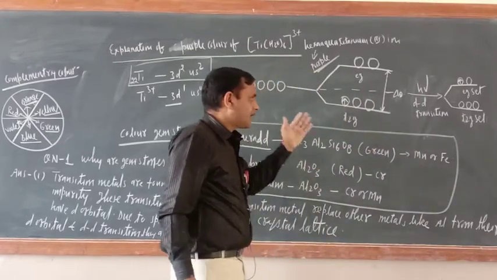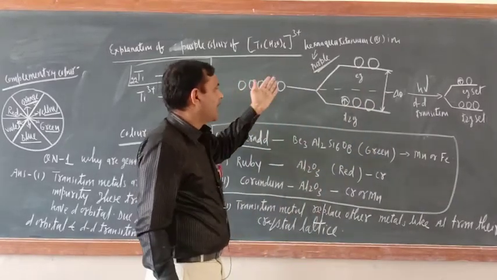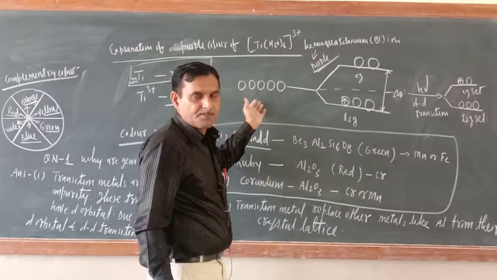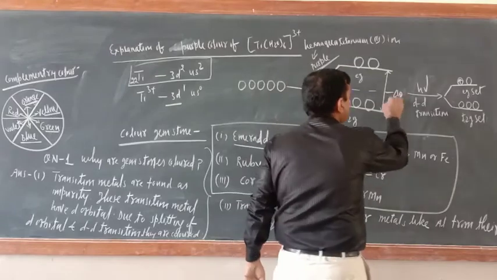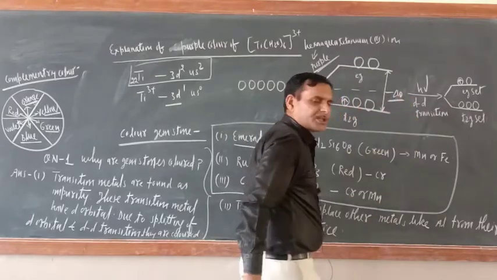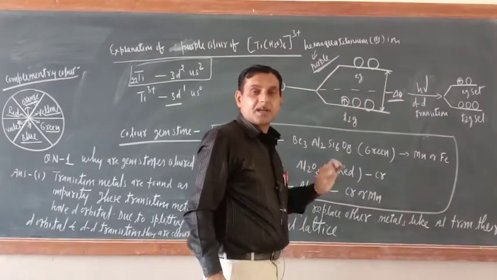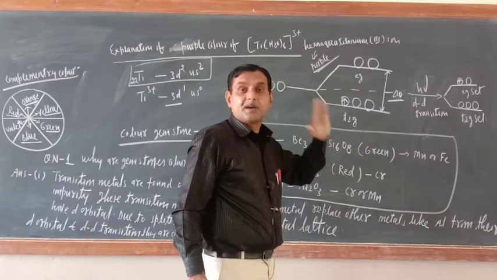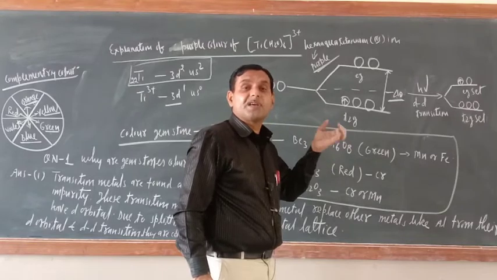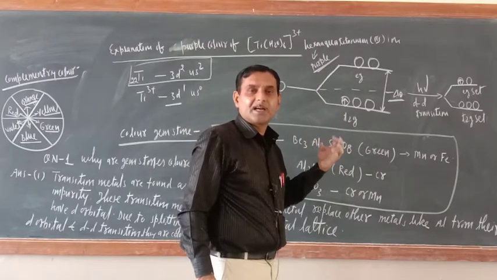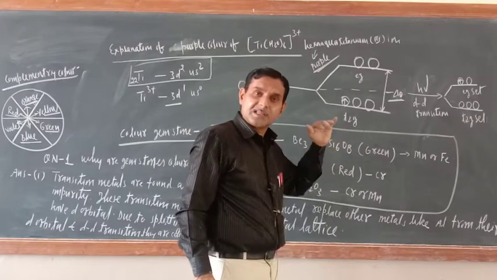Now try to understand here: when H2O approaches the central metal atom, the d orbital is split and now CFSE, the crystal field splitting energy, is released, because CFSE is the energy released. Since H2O was a weak field ligand, the CFSE value is less.